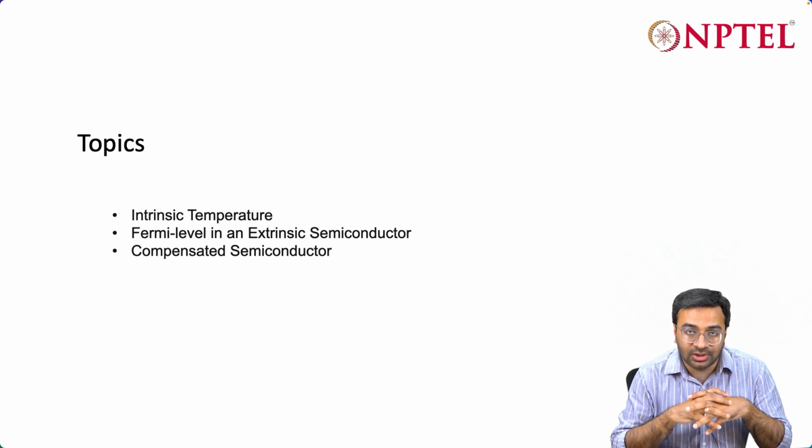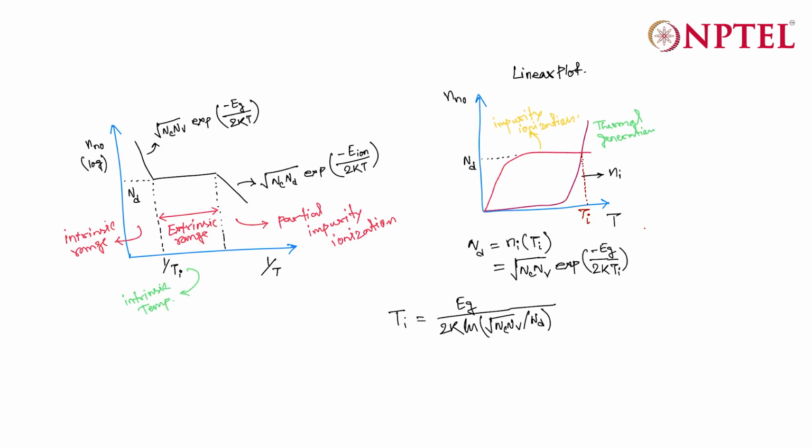Let's start the lecture. So we already have covered most of the topics related to the carrier concentration in equilibrium. To start with in this lecture, I'll again discuss the carrier concentration in an n-type semiconductor with respect to temperature.